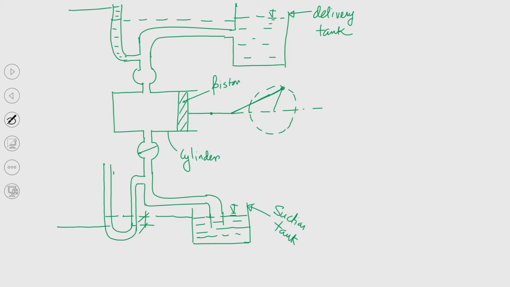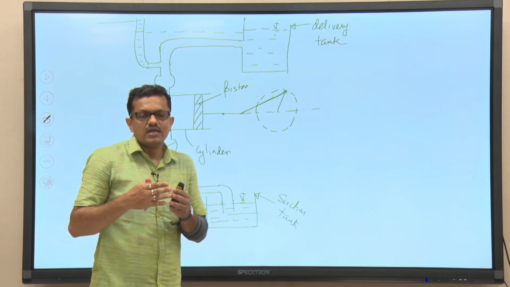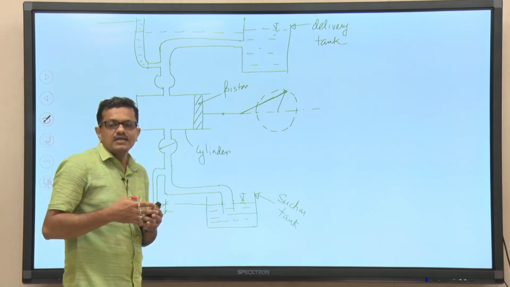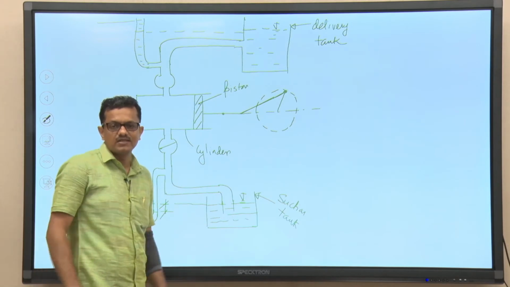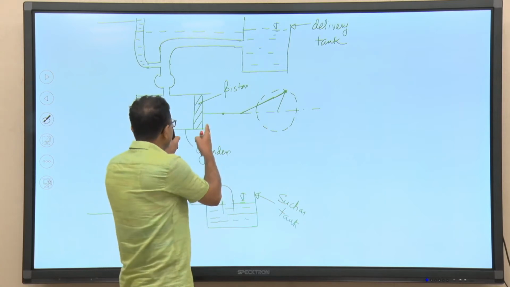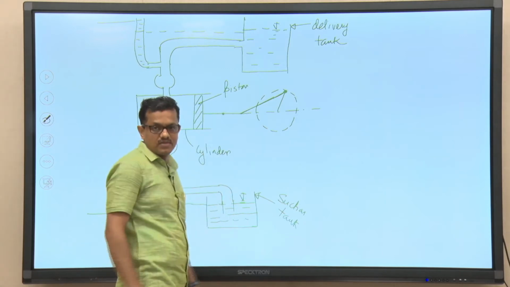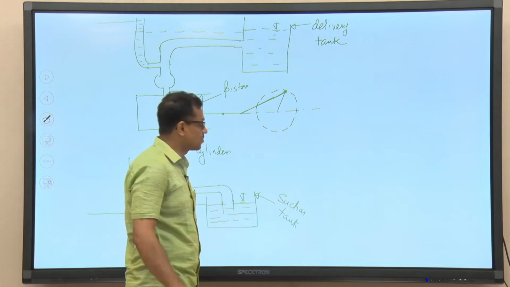You have studied in internal combustion engines that the piston is moving between two centers, the top dead center and bottom dead center. Similarly, here also piston movement is restricted between two stops, and the length between these two stops is known as the stroke length.